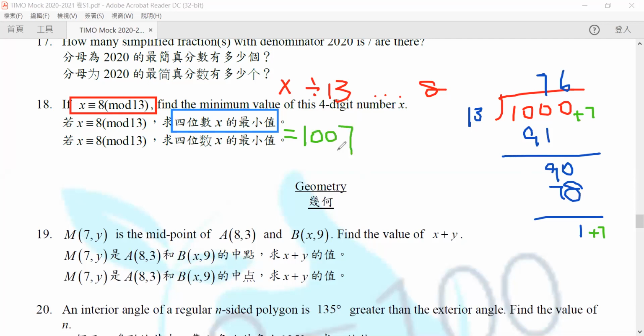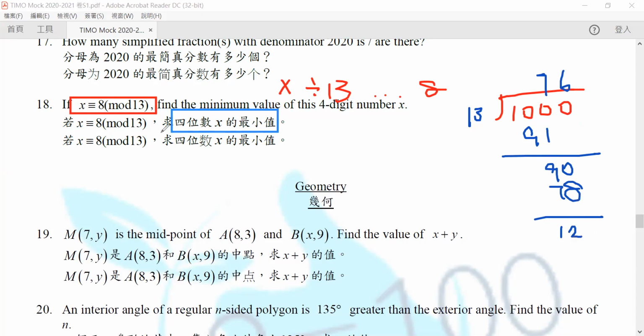Sorry. Because the remainder is not 1, it's actually 12.